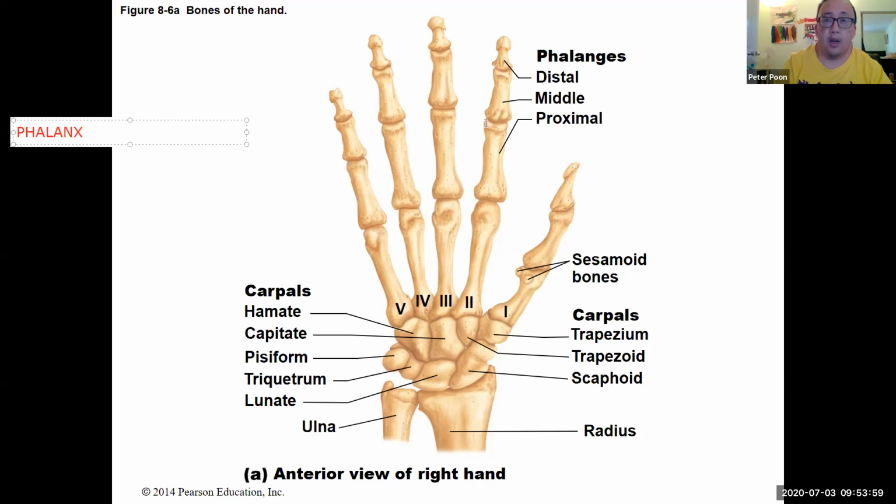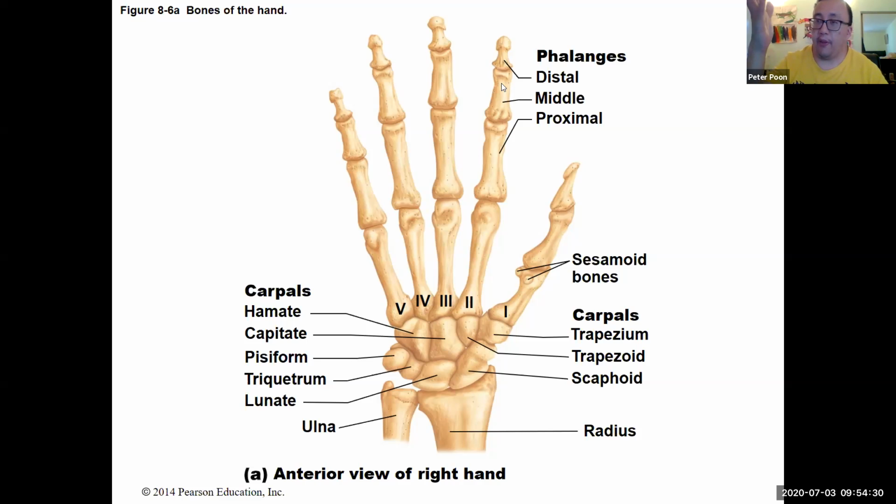So a phalanx, you have proximal. The first row is proximal, the second row is middle, and the third row is distal. So proximal phalanx 2, proximal phalanx 3, middle phalanx 3, distal phalanx 2.